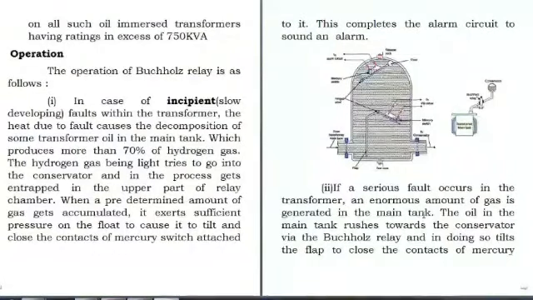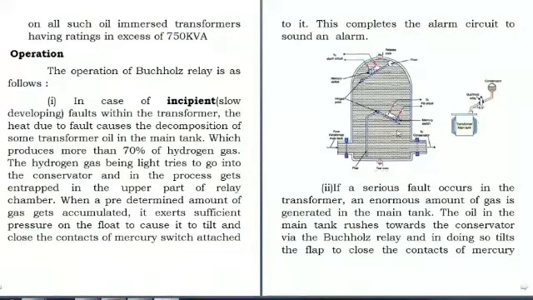The oil in the main tank rushes towards the conservator via the Buchholz relay. Through this relay, we can easily identify the oil moving upward, which tilts the flap to close the contact of the mercury switch.